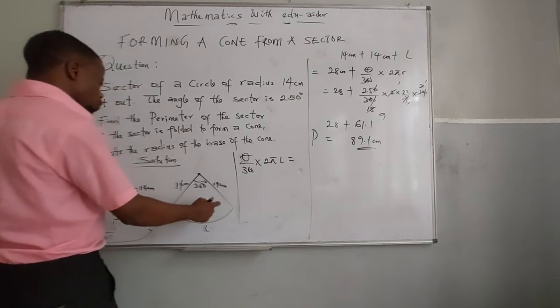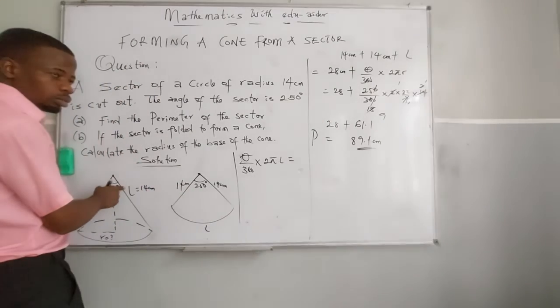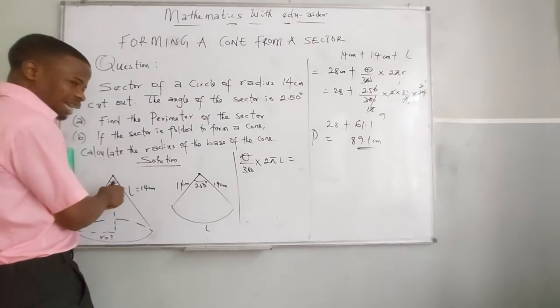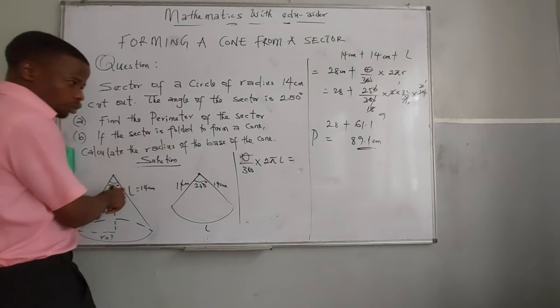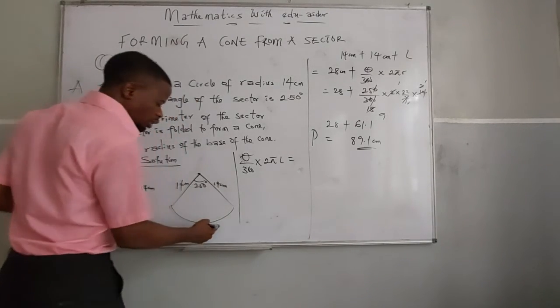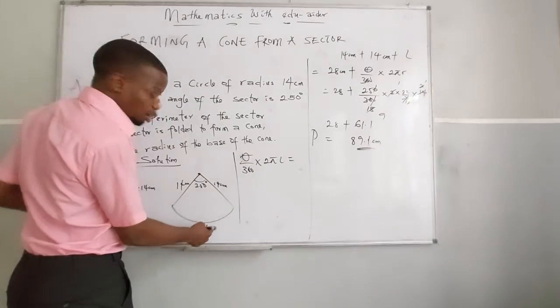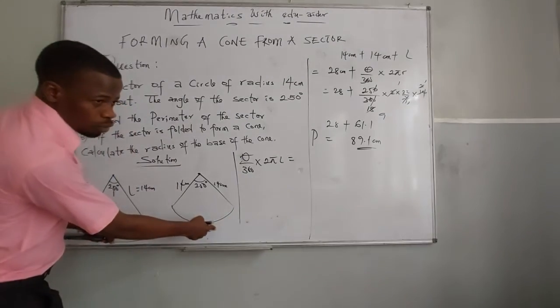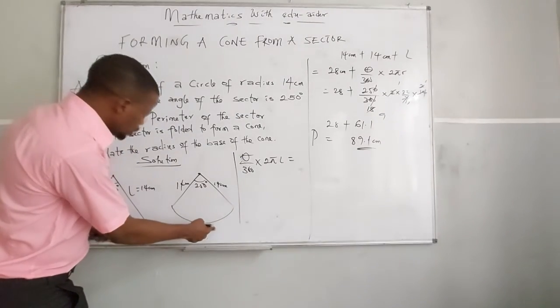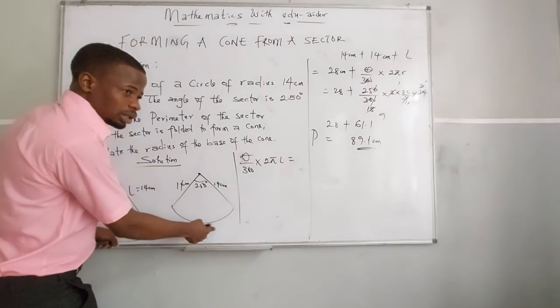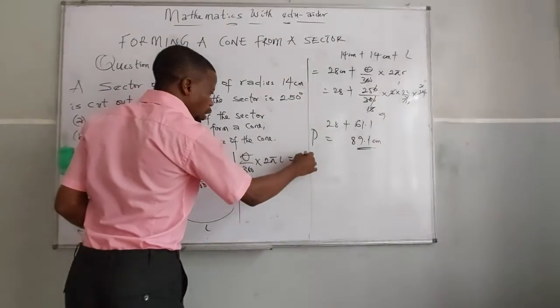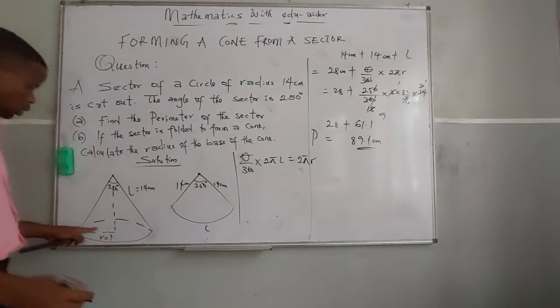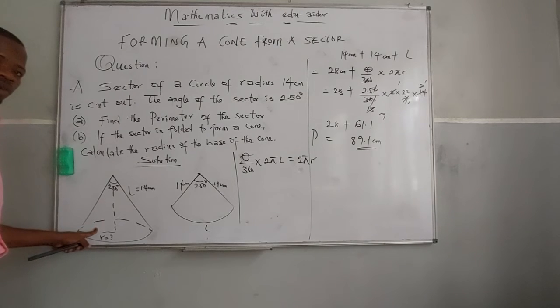But the radius of this circle is now the slant height of this cone. Now, this length of arc should be equal to the circumference of this base, which will be 2 pi r, the circumference of this circular base.